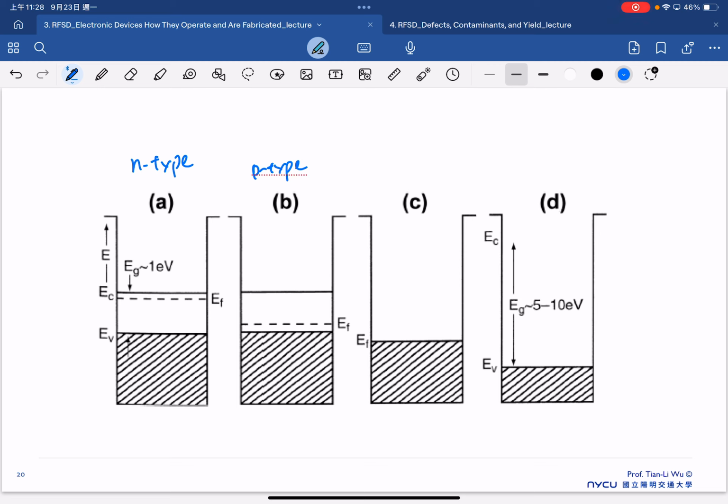And this one, we have a huge, large band gap, so that's an insulator. And also, we will have the overlap between the conduction band and valence band, so that's a conductor.